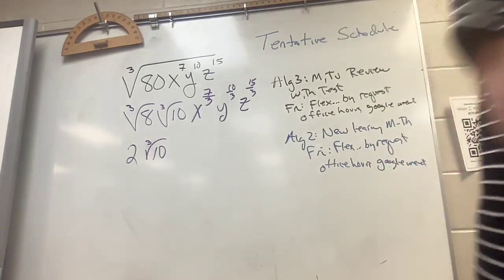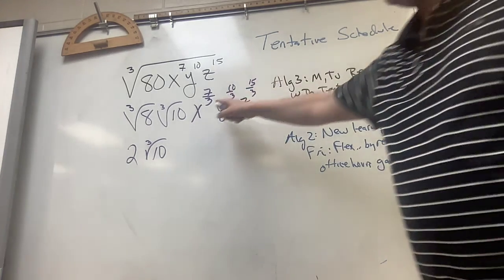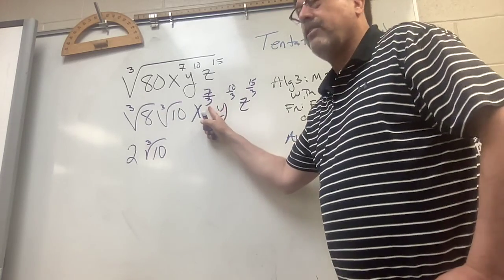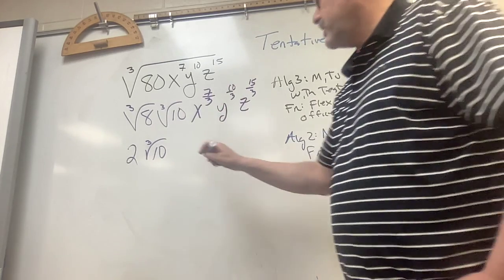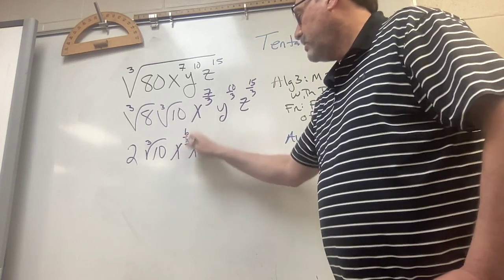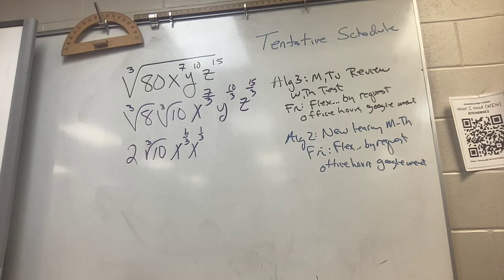All right, to refresh your mind on the variables. We lower these fractions to the next lowest fraction that's a whole number. 7/3 is not a whole number, but 6/3 is a whole number. So make this into 6/3 and 1/3. 10/3 is not a whole number, but 9/3 is.